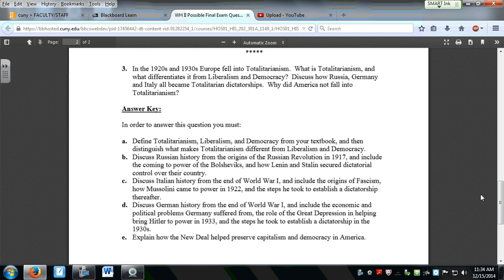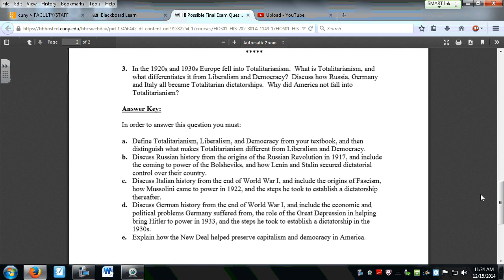And then thereafter, and this is the part where students in the past have become lost or confused, you have to talk about the steps that he took to establish a dictatorship after 1922. Remember, Mussolini was given power legally. He wasn't a dictator in 1922, but he was by 1929, where he eliminates all civil and political rights.